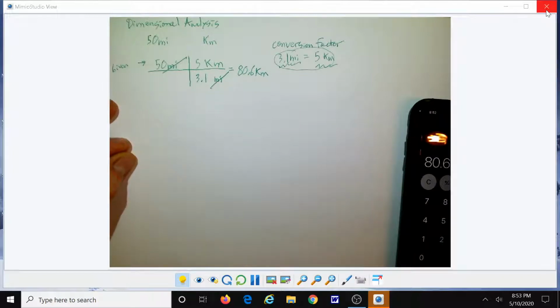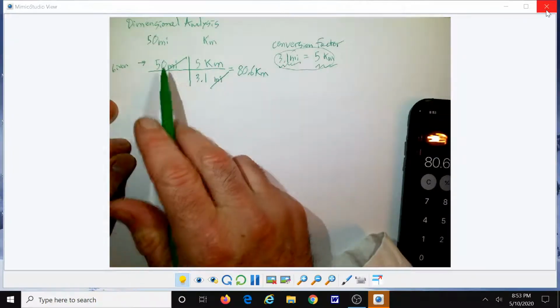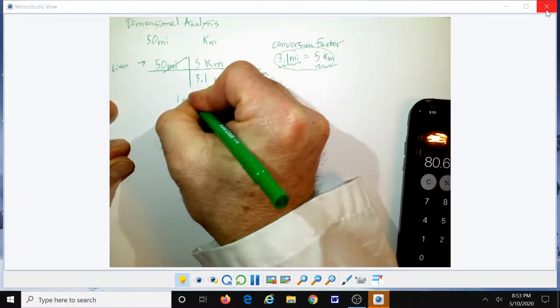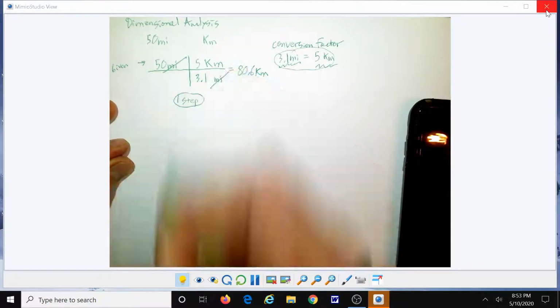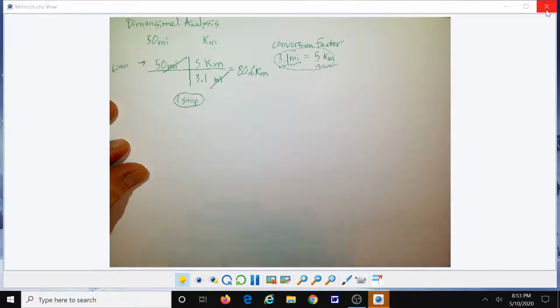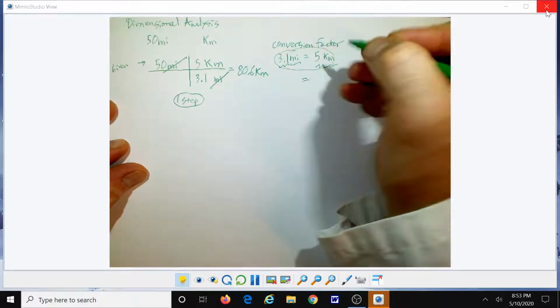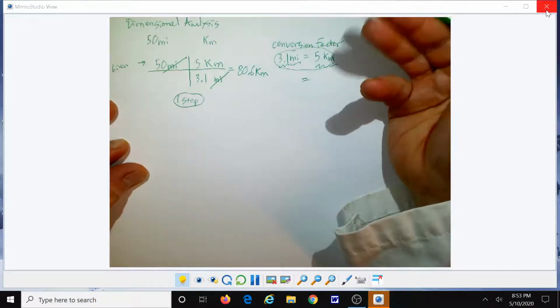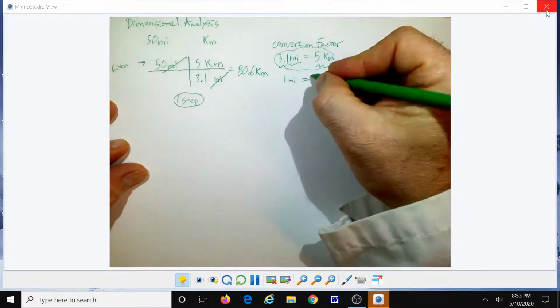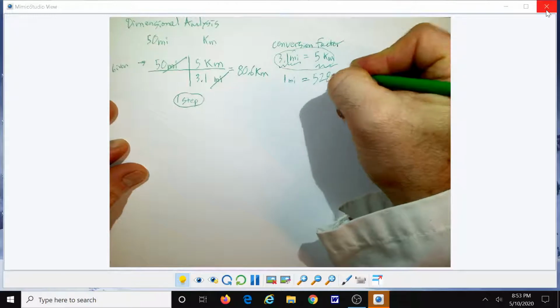Now sometimes it's not simple like this. This is what we call a one-step problem. Sometimes they can give you a two-step problem. So let's use some other conversion factors as well. For example, maybe you don't know, and you'd have to look it up online, but if you wanted to figure out how many feet are in a mile, it's 5,280 feet.